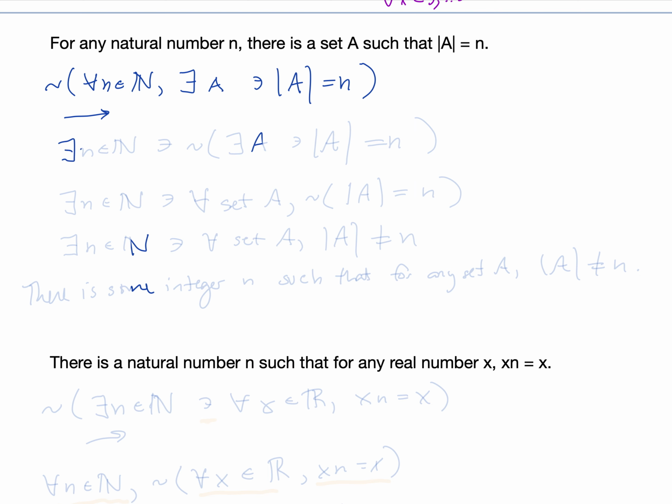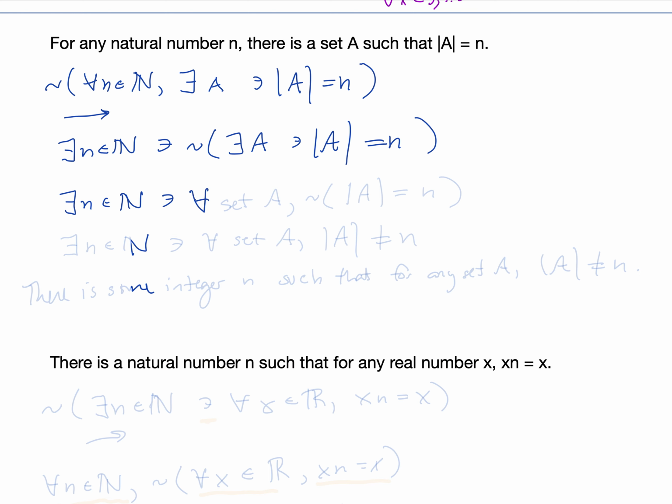So there exists some n in the natural numbers such that now we want to negate the next piece. So we're just going to do it step by step, such that the negation of the rest, there is some set A such that the cardinality of A is equal to n. We want to negate that second piece. So we've got there is an n in the natural numbers such that the negation of there exists statement is a for all statement.